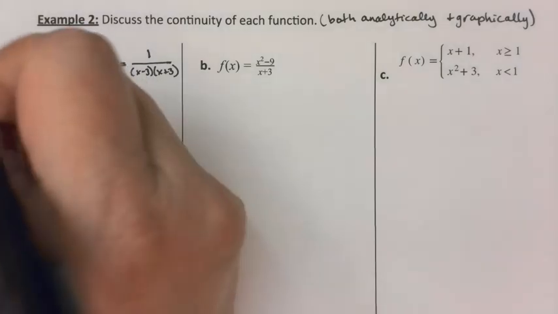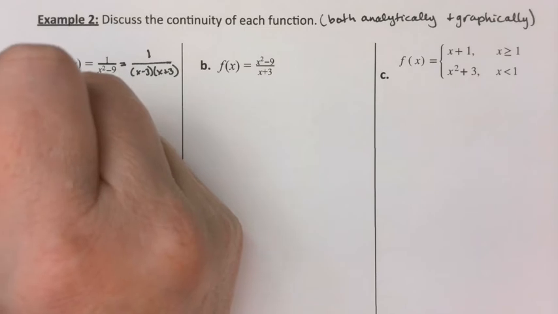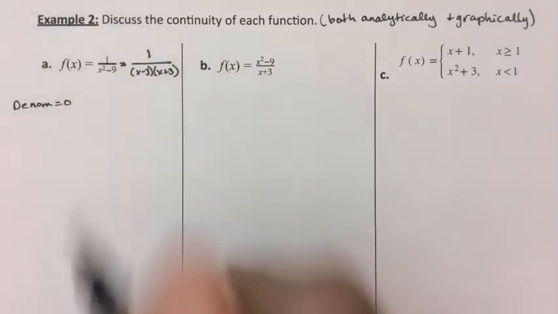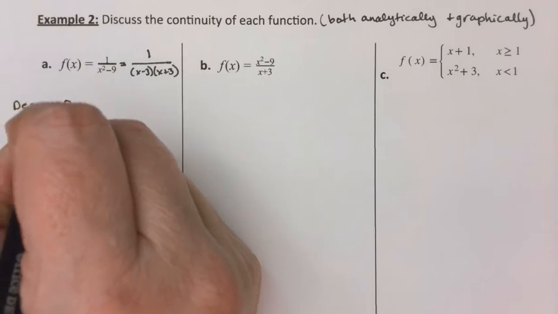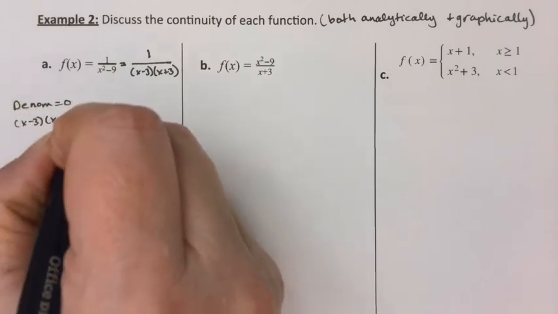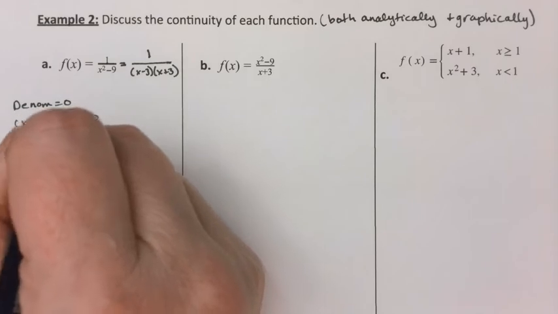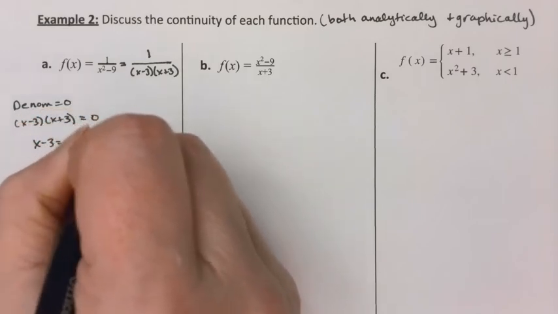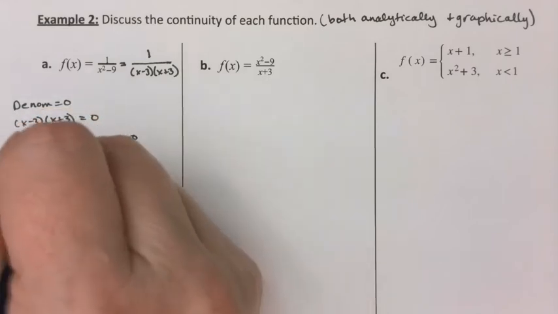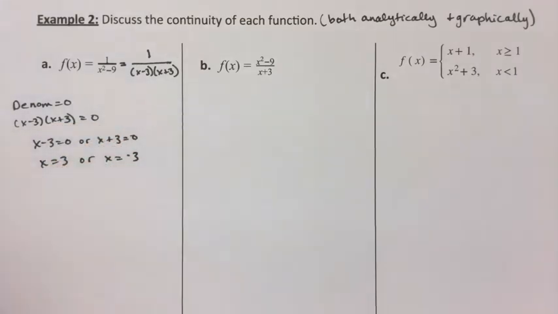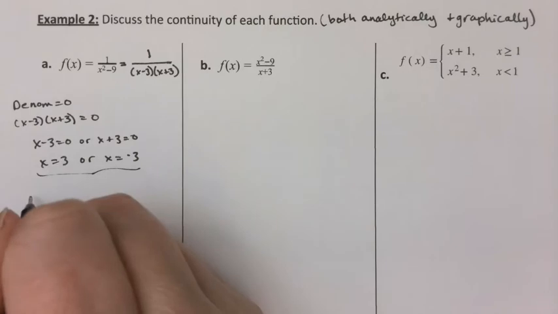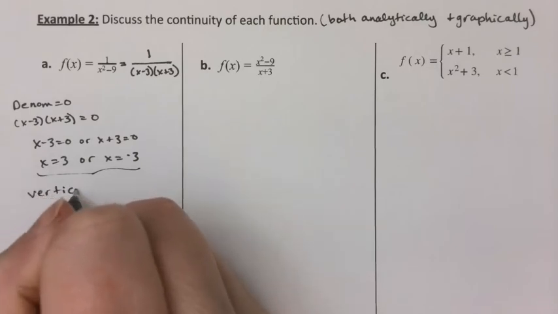So namely, if the denominator is equal to 0, then I know I'm in trouble. That denominator would be x minus 3, x plus 3, which would mean x minus 3 equals 0, or x plus 3 equals 0, which means x equals 3, or x equals negative 3. These two equations are actually the equations of vertical asymptotes. So these two right here are vertical asymptotes.